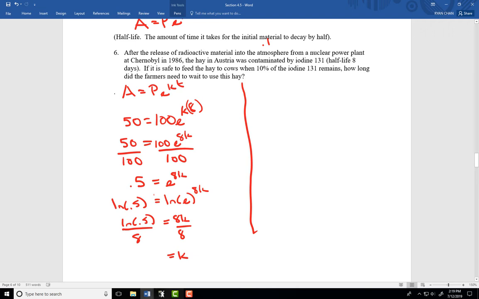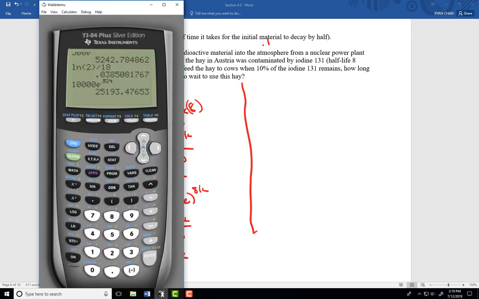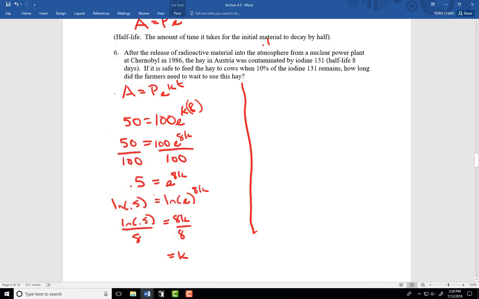So I'll throw this in my calculator. So I get negative 0.0866. Here's a thing: if you are talking about half-life or something is decaying, you should have a negative k, because it should make sense since it's decreasing over time. If you're doing population, your k should be positive here.